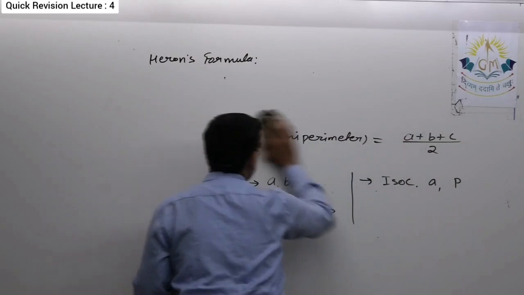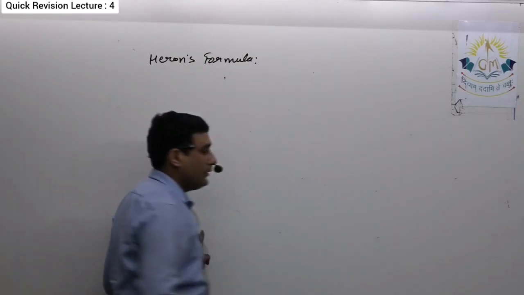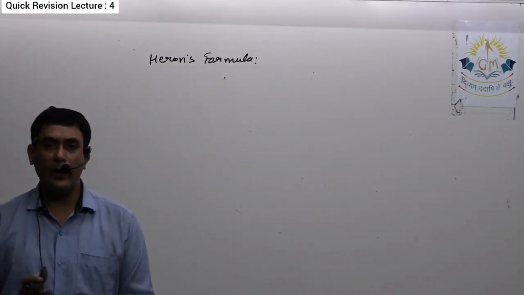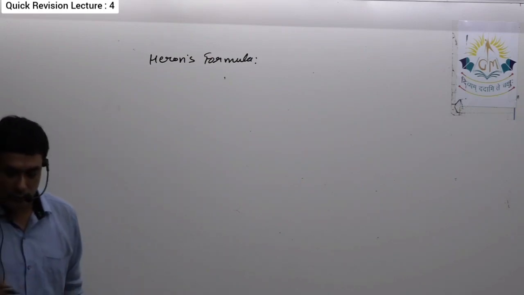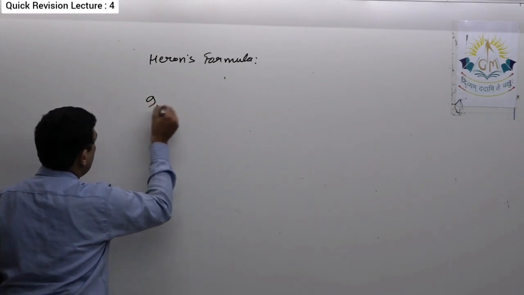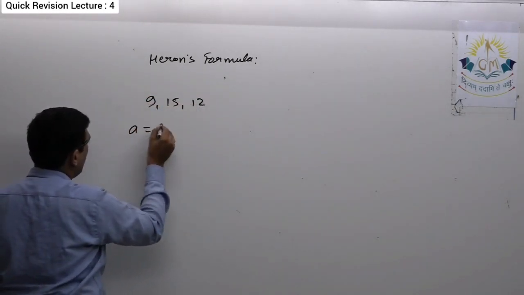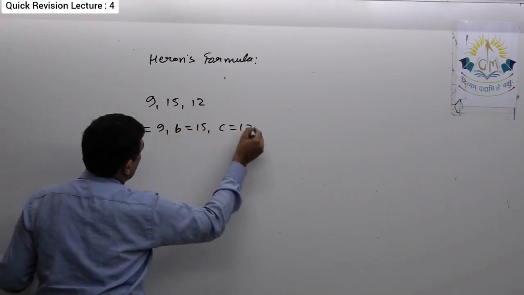Okay, the formula you have to remember: semi perimeter s is (a plus b plus c) by 2 and the area of the triangle is root over s minus a, s minus b, s minus c. So very first question, suppose the sides are 9, 12 and 15. So I will say a equal to 9, b equal to 15, c equal to 12.